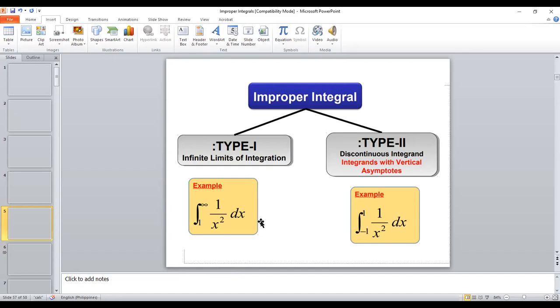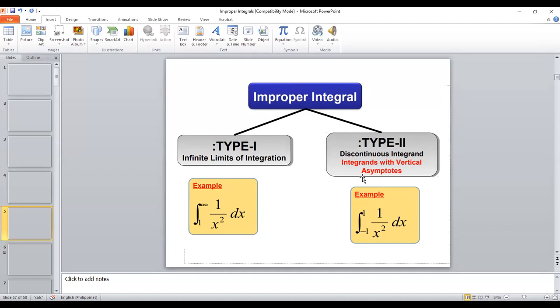Another thing that you should remember between these two types of improper integral is the graph. The graph of a type 1 improper integral could be infinitely extending either to the right or to the left, meaning our basis is the horizontal axis. In the case of type 2, the graph of the function will be infinitely extending on the vertical axis.